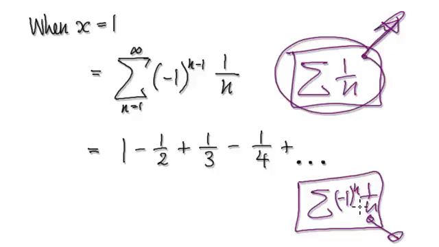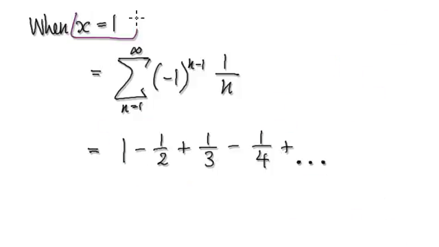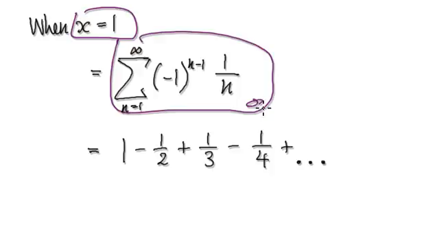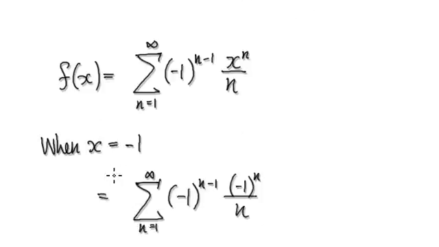The normal one will diverge, the alternating one will converge. So in the case of x being equal to 1, this whole thing here will converge because it's an alternating harmonic series. So now we need to consider what happens when x equals -1.